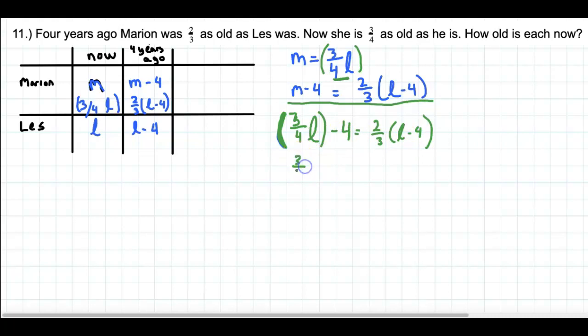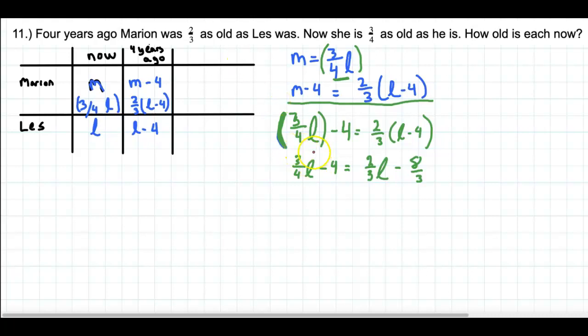This is just 3/4 L minus 4 is equal to 2/3 L minus 8/3. Okay. Let's see.